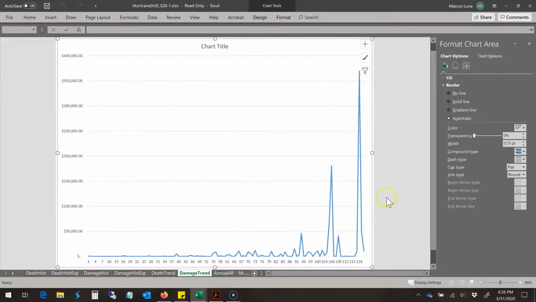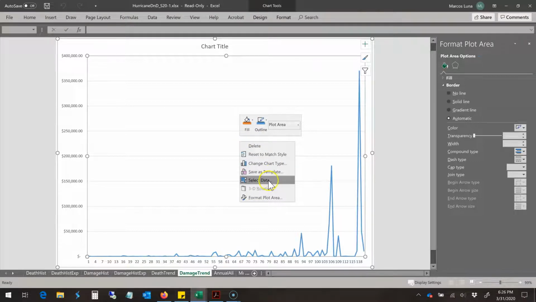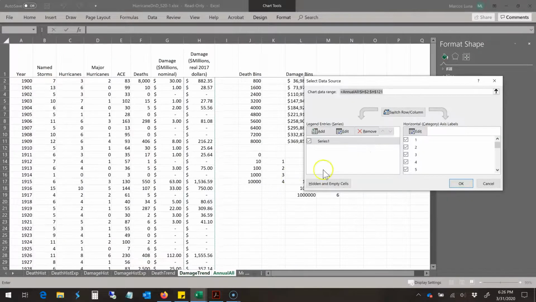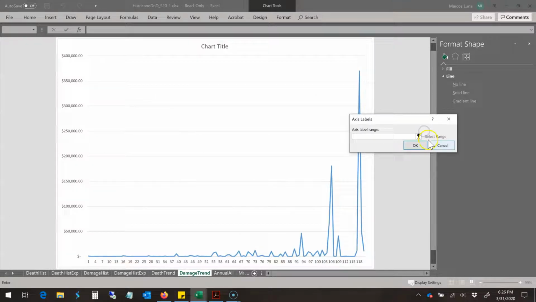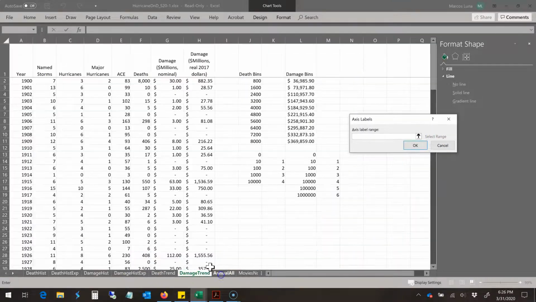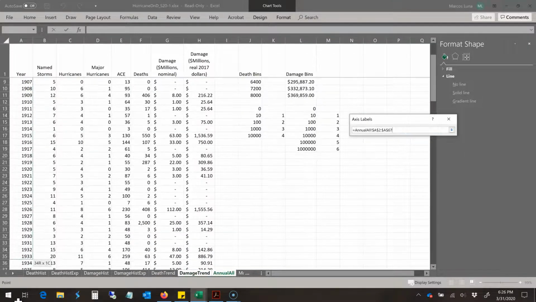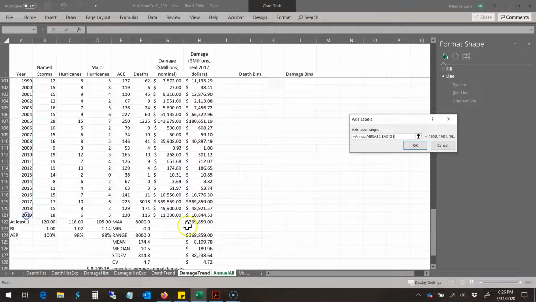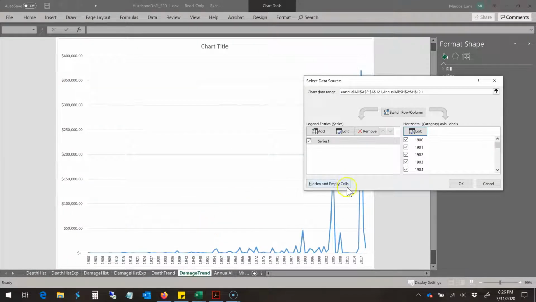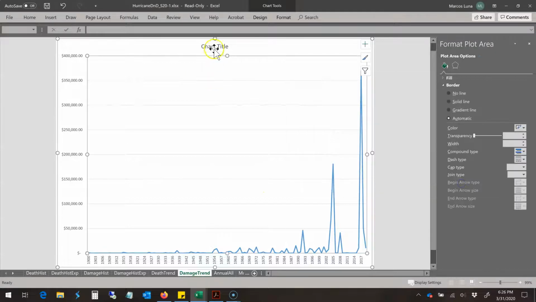Okay. And just like before, we need to edit the x-axis to make sure that it is reflecting the years. So I'm going to edit the horizontal axis and highlight those years. Enter. Okay. Add a title.